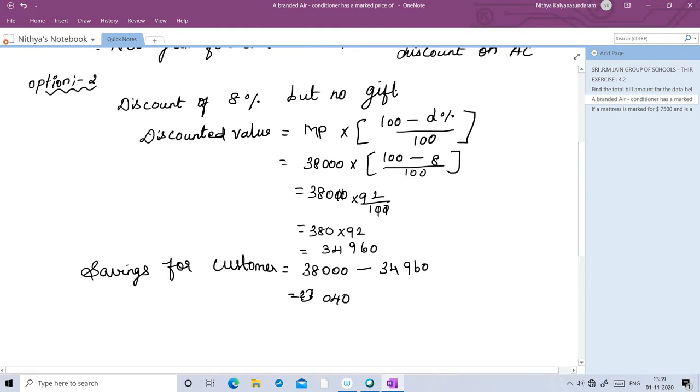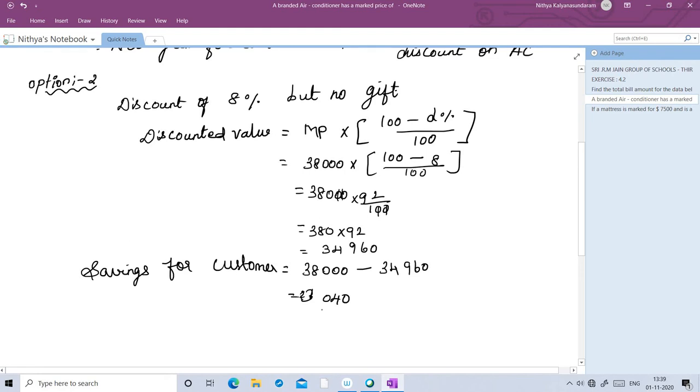In the first option there is no change to the selling price, and the gift voucher is 3,000. The second one is a discount of 8% but no gift. We calculated that discount amount and subtracted, so the saving is 3,040.